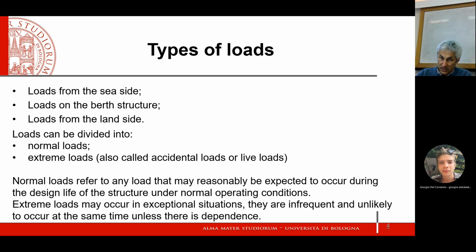And this is something extremely important, because we will see that the concomitance, the co-occurrence of extreme loads is something that we need to consider, because they are extreme, and therefore, even if unlikely, they can cause a high damage if they occur, and significantly more important damage if they superimpose.